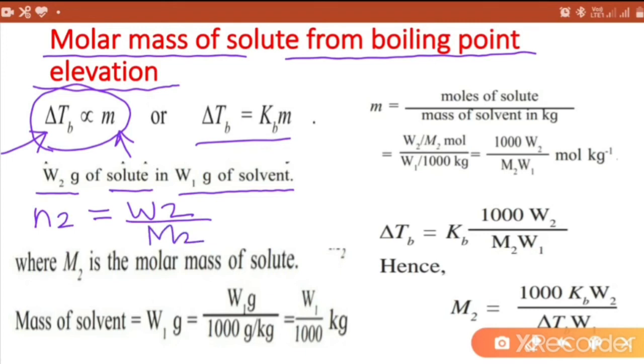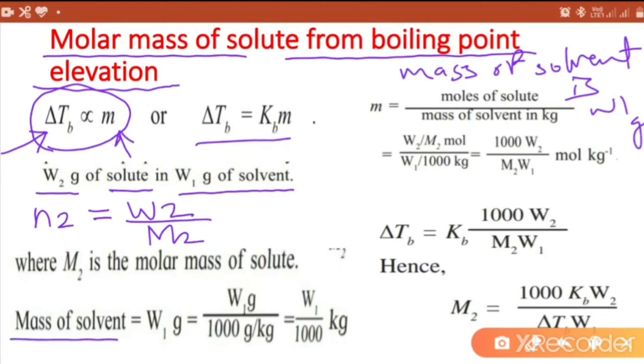The mass of solvent is W1 gram. Therefore, mass of solvent W1 gram divided by 1000 gram per kg is equal to W1 divided by 1000 kg.